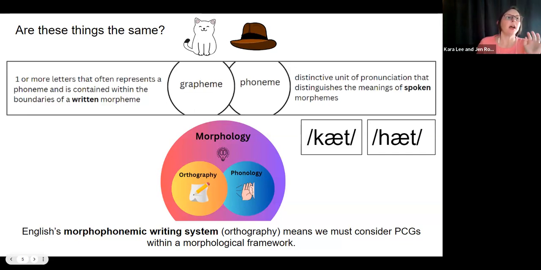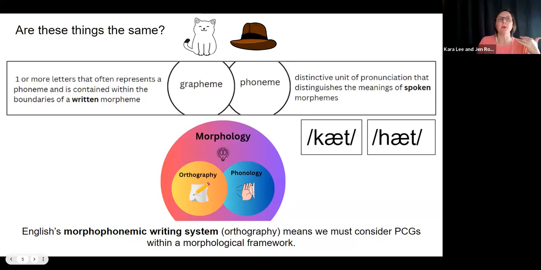Okay, so a phoneme, as you see there in the definition, is a distinctive unit of pronunciation that distinguishes the meanings of spoken morphemes. Now you're probably going, I thought you told me a phoneme was just a speech sound. Yeah, it is. That's what we tell our students, right?